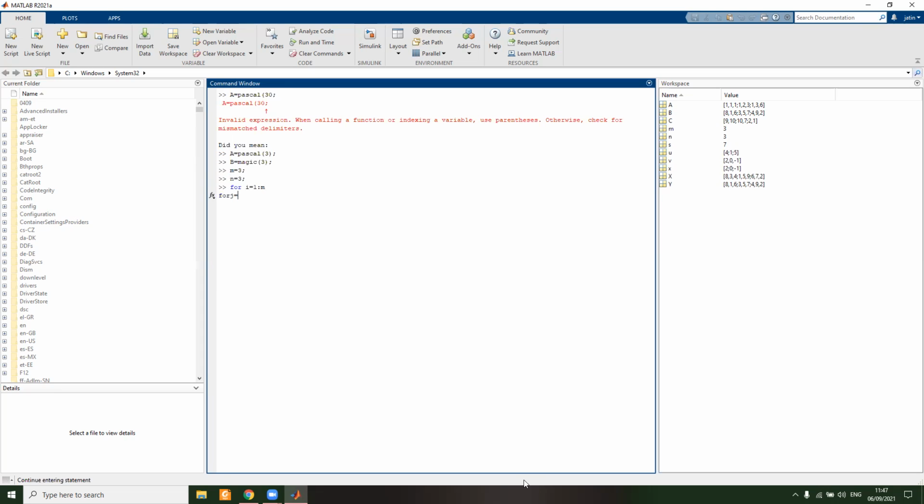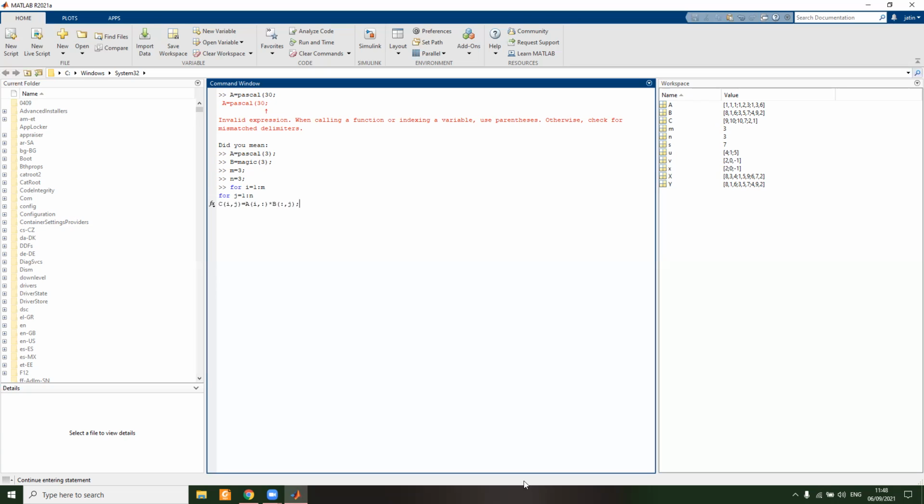for J is equal to 1 to N, C(I,J) is equal to A(I,J) multiplied by B(I,J).